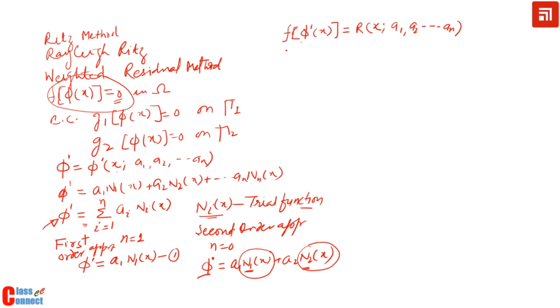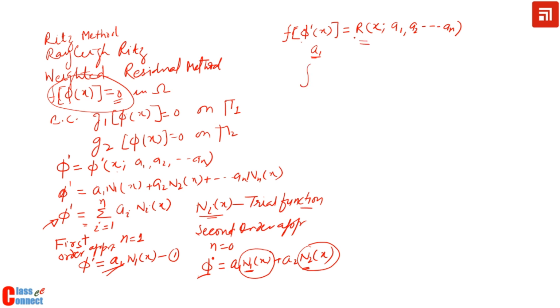So in the Ritz method, the first order approximation requires that the integral of the residual with respect to x be 0 over the domain omega. If I am only talking about the a1 term, I am just taking the example of the first order to make it slightly simpler. We can go on and on for second order, third order, and so on.